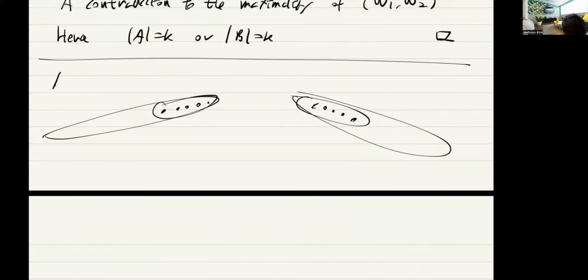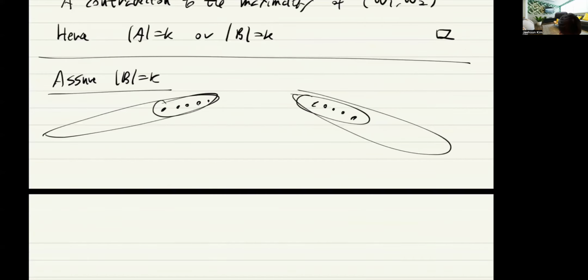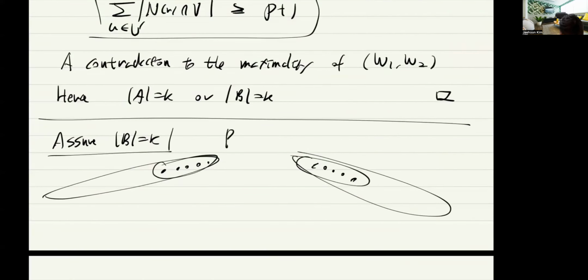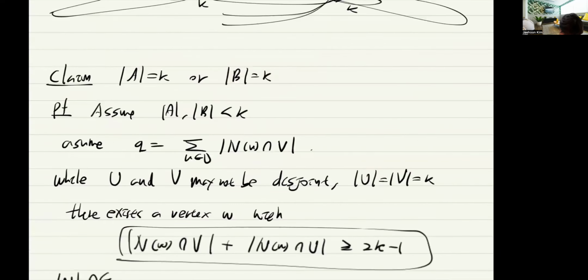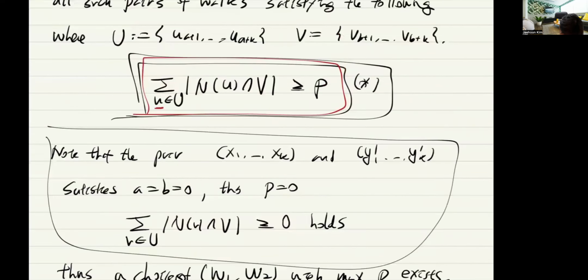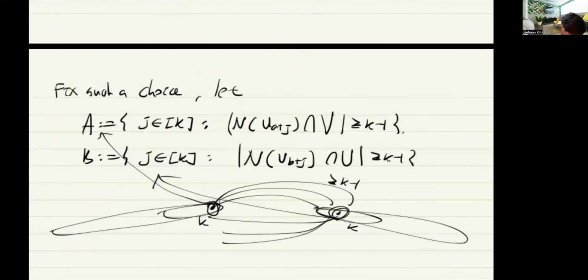And let's assume, without loss of generality, this B is size K. And we know that the P is at most K square, because in here, this condition, this one is at most K square. So P is K square at most.